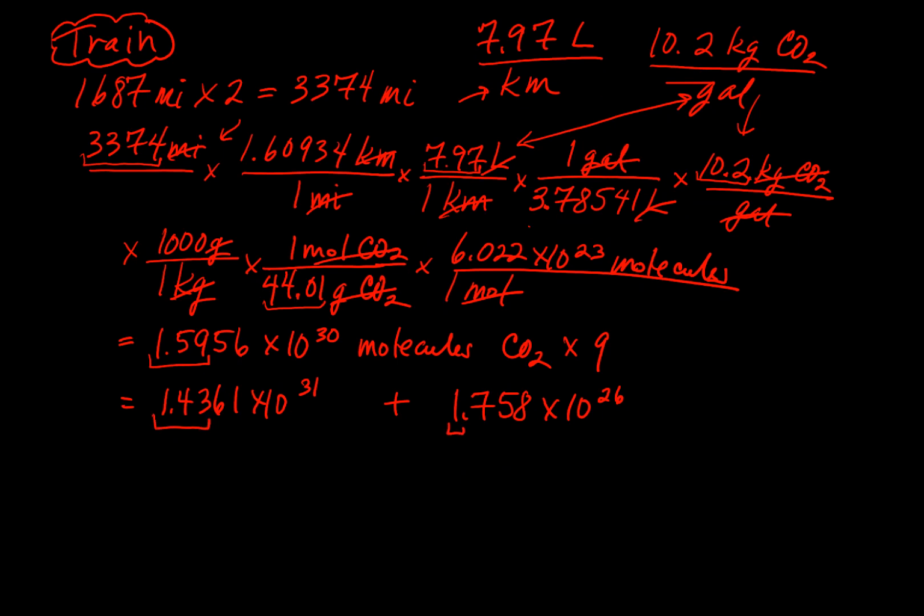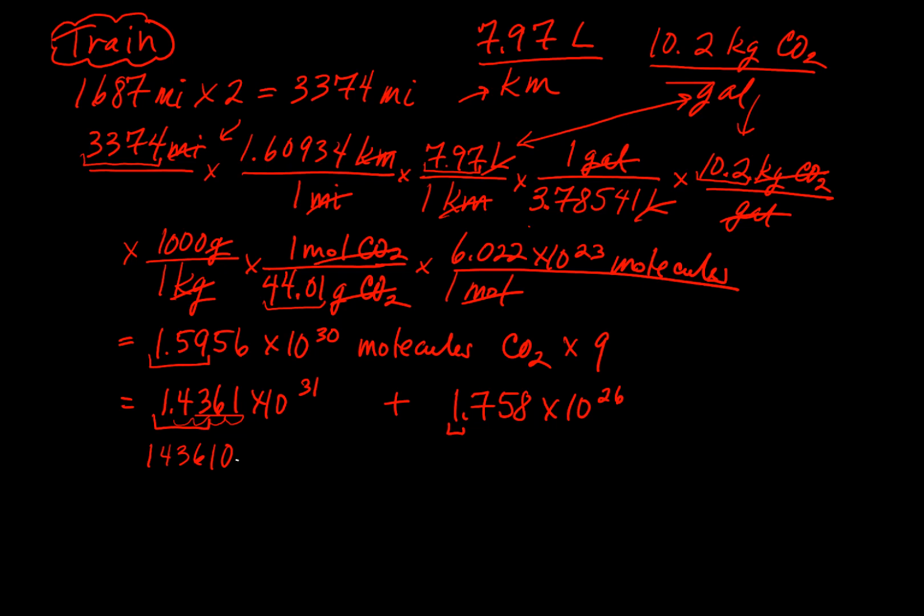So just like with the other case, I am going to make the comparison between the digits of significance and see which number is more precise. So in order to do that, I'm going to move the decimal place for this number. To get to the 26th, it'd be 10 to the 30, 29, 28, 27, and then one more is 26.